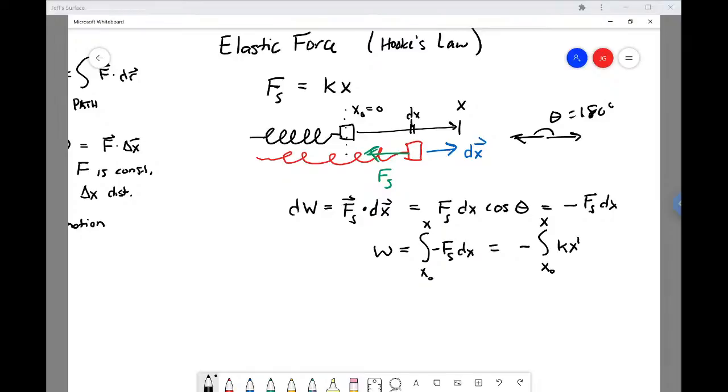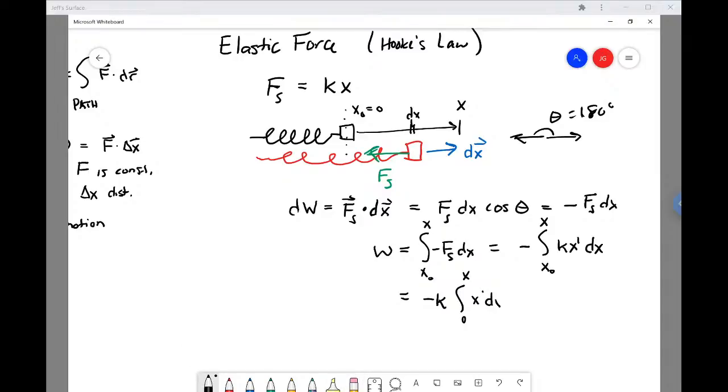So I'll call that x prime. The k is a constant, so I can pull that out. So I have negative k, integral from x naught, I'm just going to put a 0 there, to x. The k is gone.